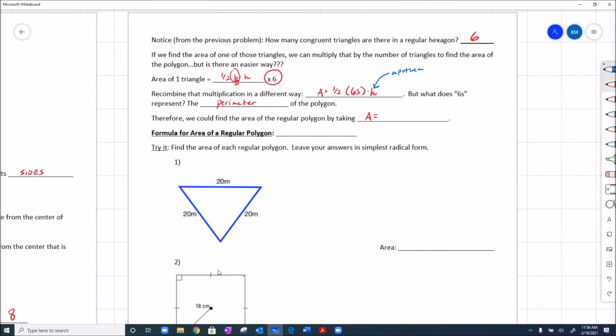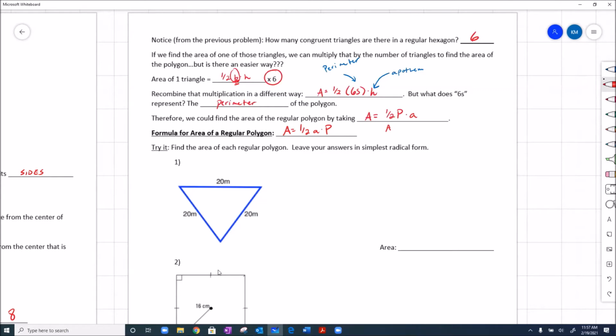And so we will look at our formula as 1/2, not 6x, but the perimeter times the apothem. A lot of times you'll see it written as A equals 1/2 a times P. Notice the capital A stands for area, the lowercase a stands for apothem.